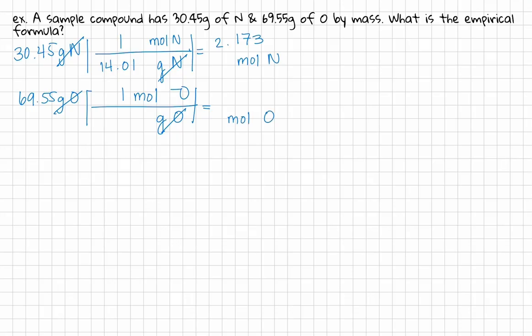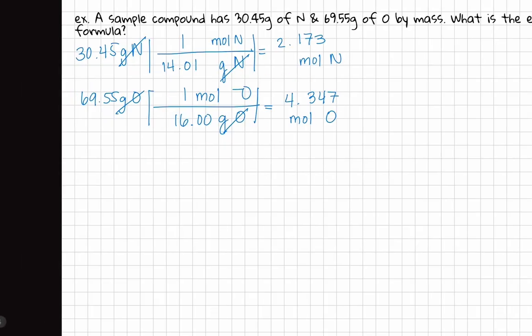Then I've got to do the math per the periodic table. 1 mole of oxygen is the atomic mass of oxygen, which is 16.00 gram. Do the math here. It's going to be 4.347. So now we have moles of each element that is involved in the compound.